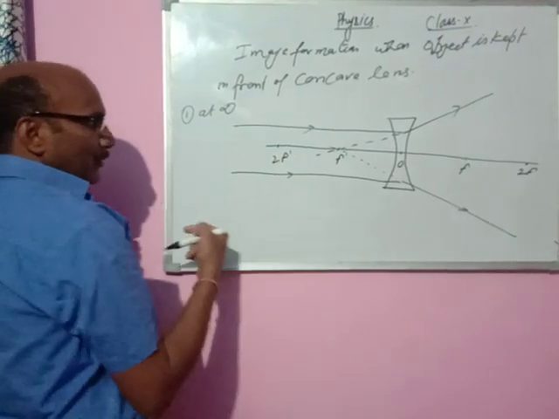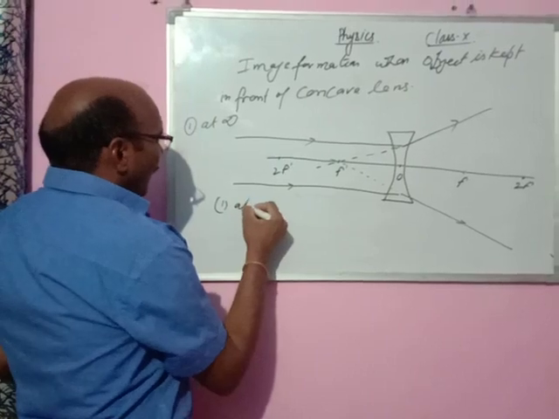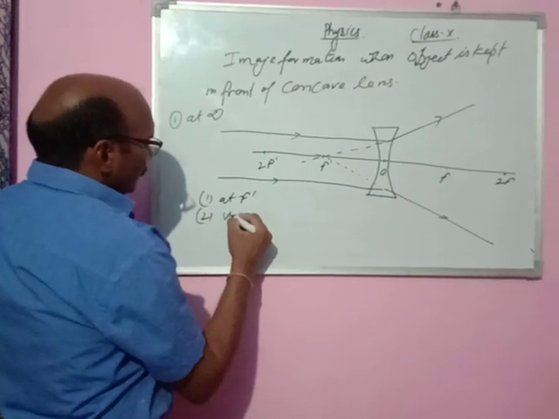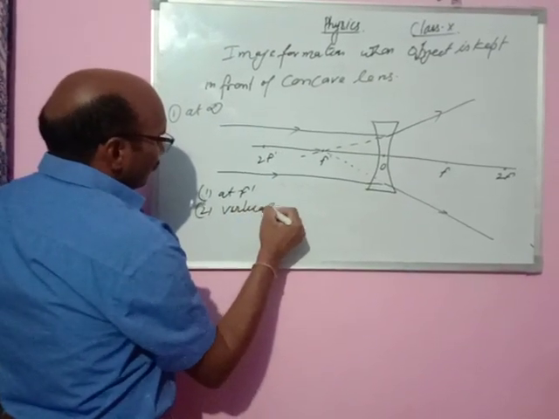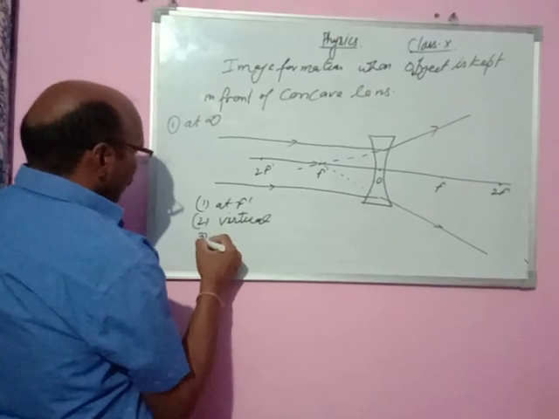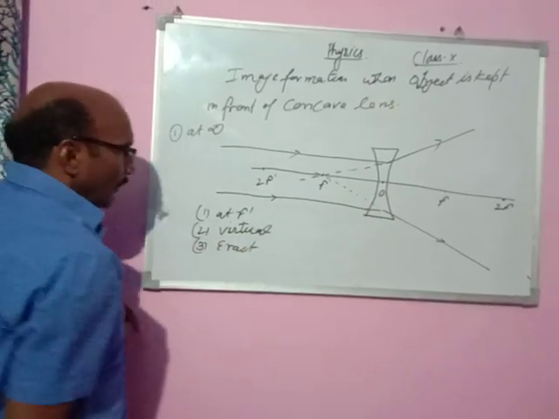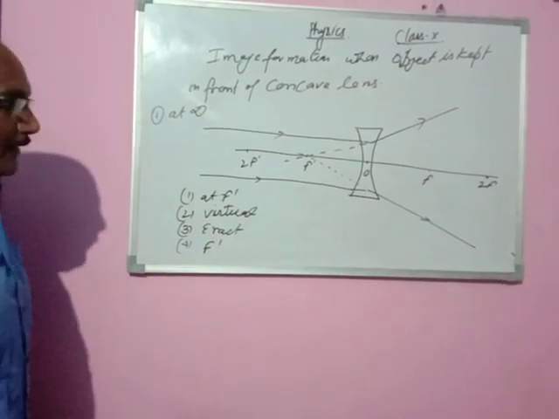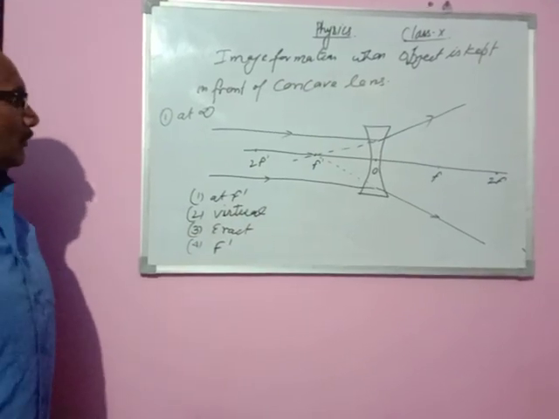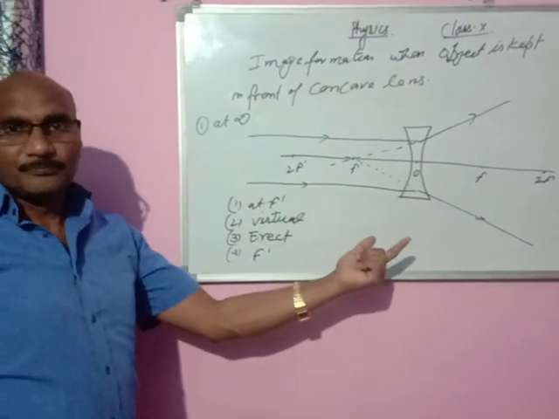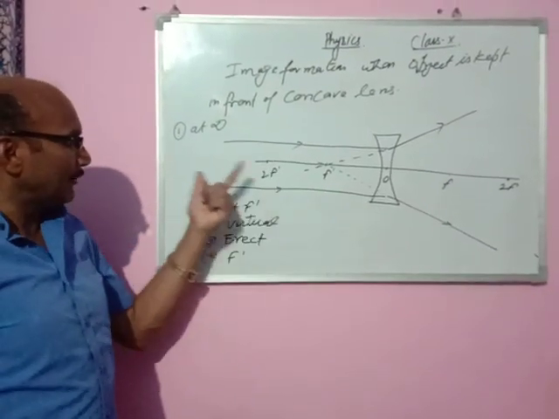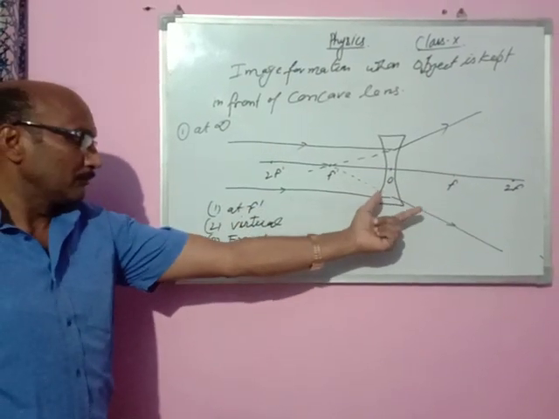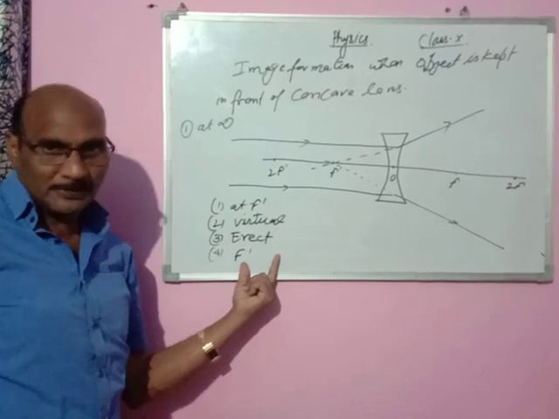So the formation of image will be at F dash, image is not real, this is virtual. Now erect and at F dash. This is the ray diagram when light rays are coming from infinite, reaching the surface of the concave lens, and diverging from the lens, and these are the characteristics of the image.